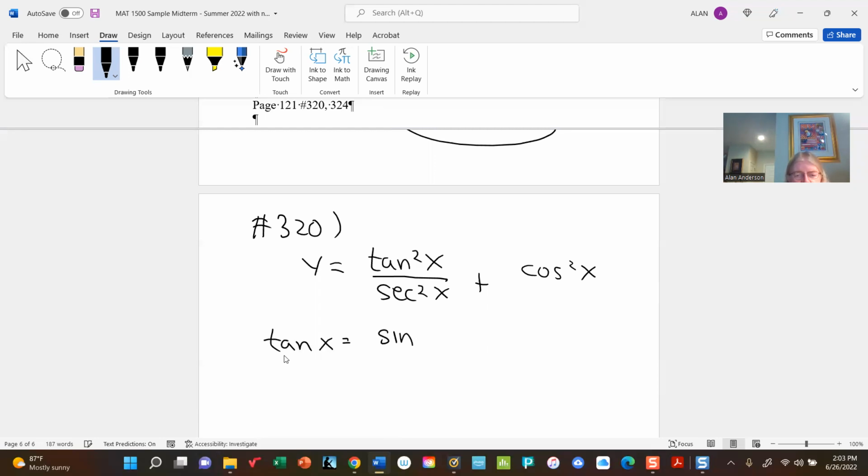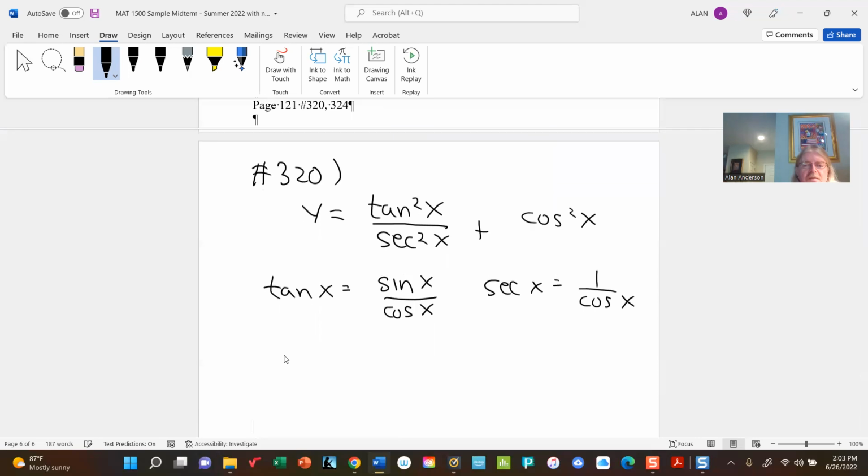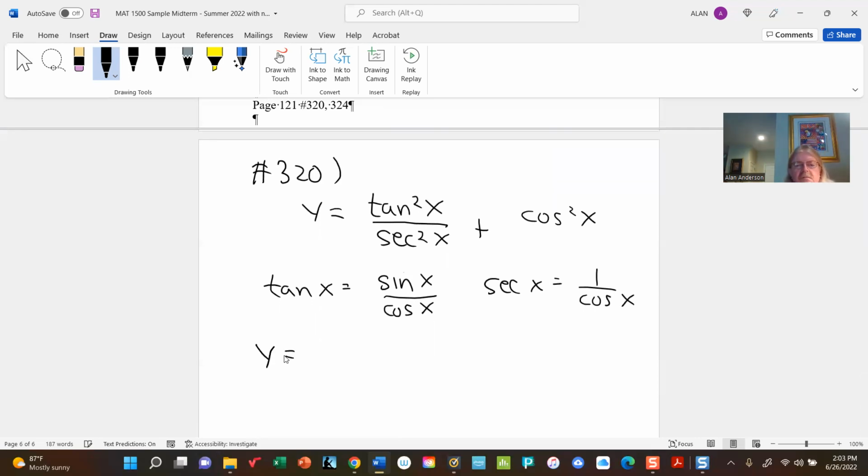You might recall tangent of x equals the sine over the cosine. The secant is the inverse of the cosine. So if we plug those in, by the way, because of these identities, let me just mention one thing here. Since these are true, that implies that the tangent squared of x equals the sine squared of x over the cosine squared of x.